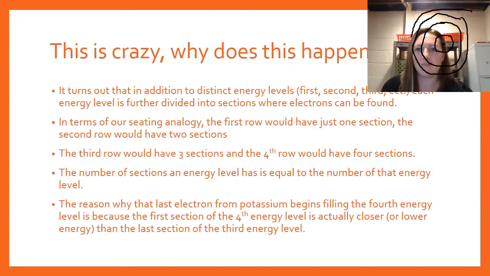So if we make our 4 levels, section 4 on this side that I'm coloring in is actually closer to the nucleus, remember, than section 3. So 1, 2 of this section. I'm just drawing you a picture here. This isn't exactly how it goes, but I'm just showing that section 4 over here is closer than section 3 down here in reality. That's why it stops filling that section and moves to the fourth section.